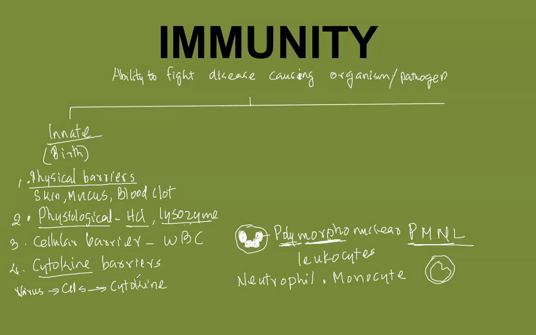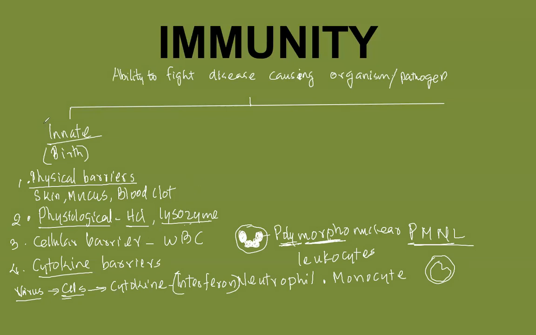Cytokine prevents infection by the virus in other cells. So when a virus infects our body cells, they release a special cytokine. One example is interferon. Interferon is a cytokine produced by the cells. And what does the interferon do? Prevents reinfection of cells by the virus.